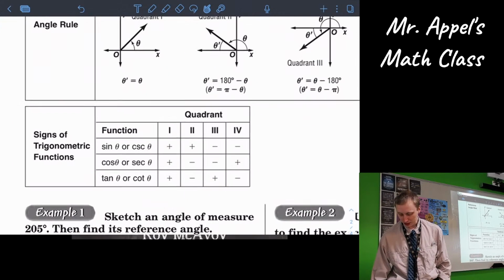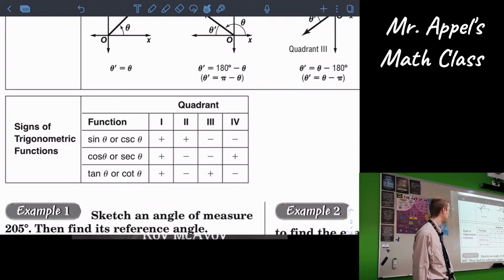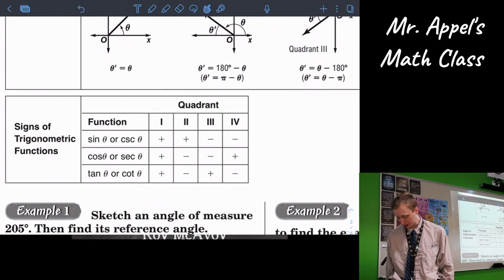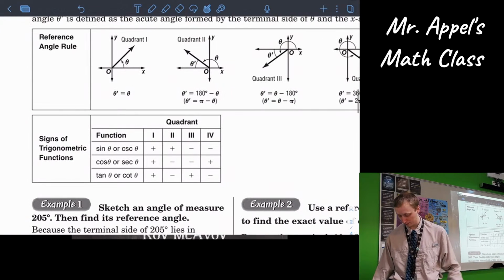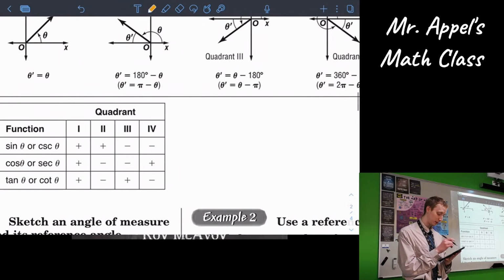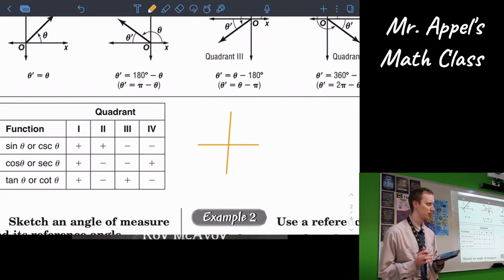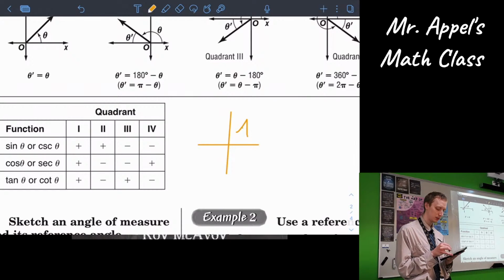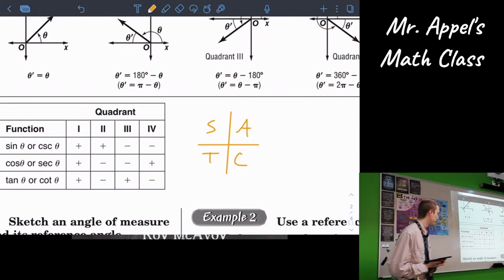And then they talk about the signs of the trig functions in each quadrant. You can memorize this chart. Well, it works, but it's not very intuitive, okay? There's a really dumb mnemonic. I think I've already said it. Start at quadrant 1, 2, 3, 4. ASTC. You can create any acronym you like.